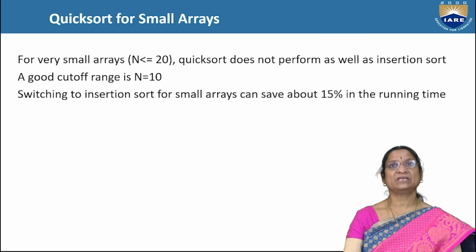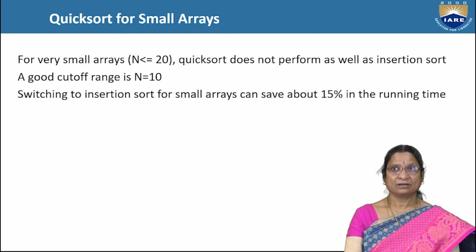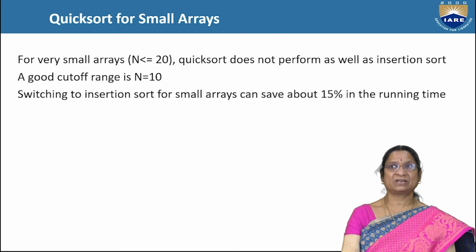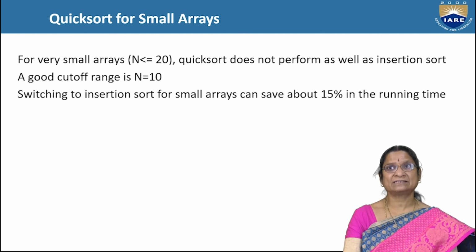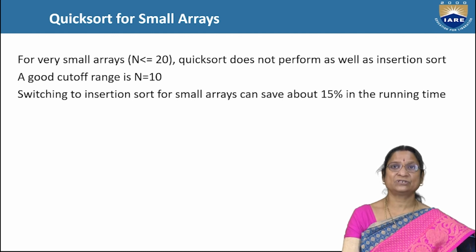And also the size of the array. For very small sizes, quicksort doesn't perform as well as insertion sort. For example, with a cutoff range of n equal to 20, the time taken by quicksort is almost the same as insertion sort. So switching to insertion sort for smaller arrays can save almost 15% of execution time.